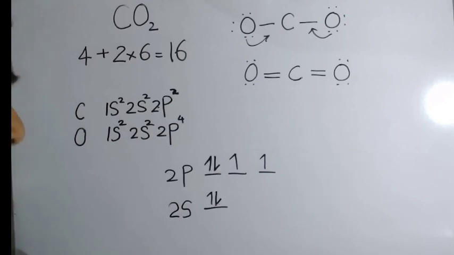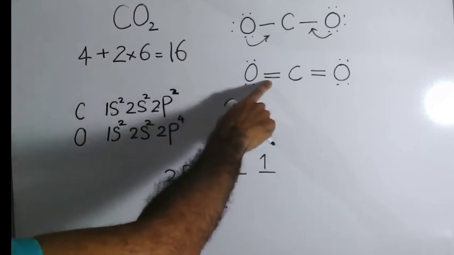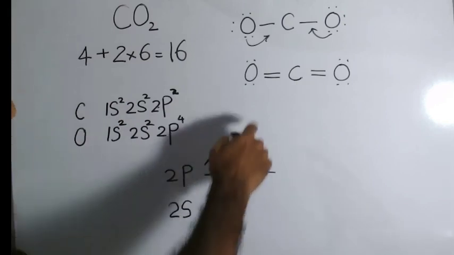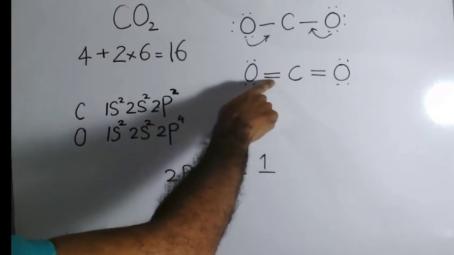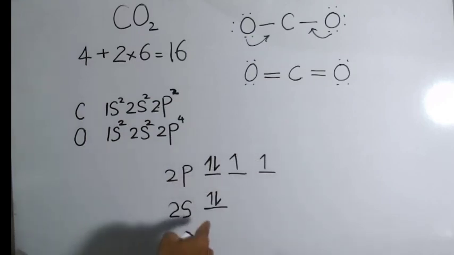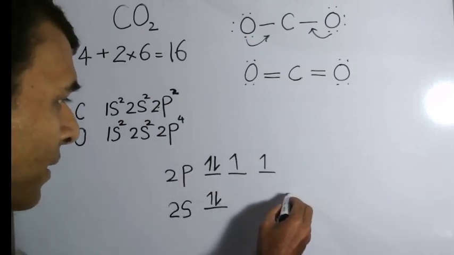Now let us go to the oxygen. Oxygen has 2 lone pairs and 1 sigma bond. Then it needs 3 hybridized orbitals. Oxygen forms only one pi bond. For that it needs one single electron. This arrangement fulfills that requirement.